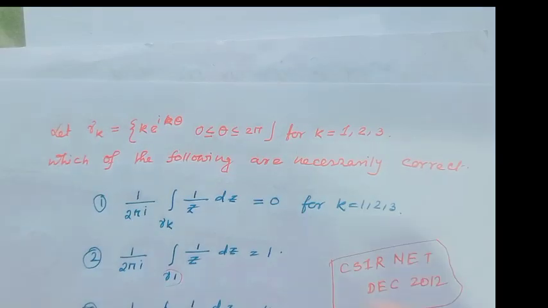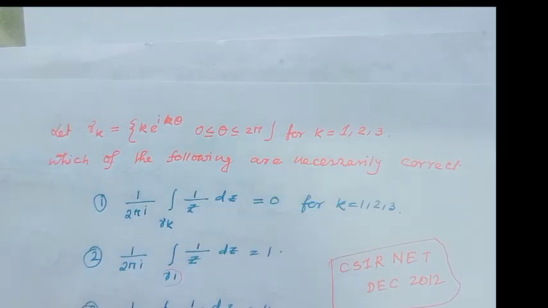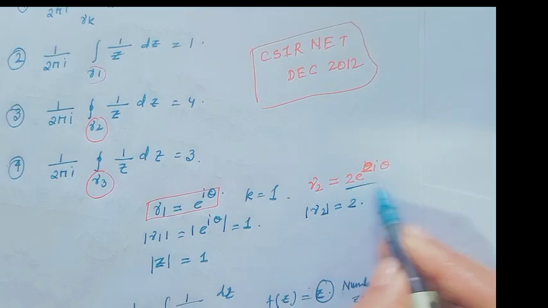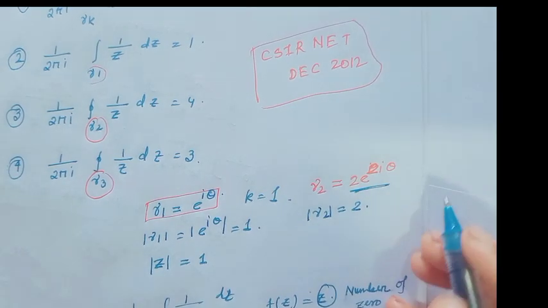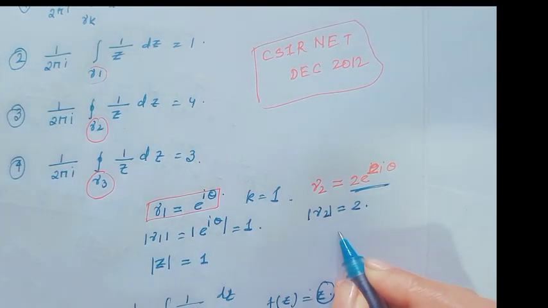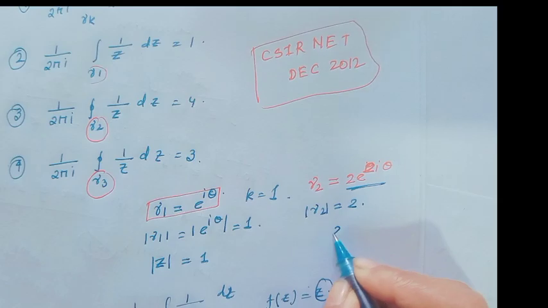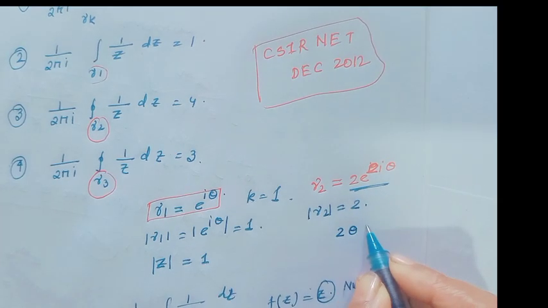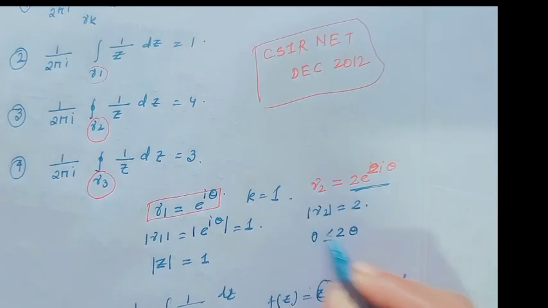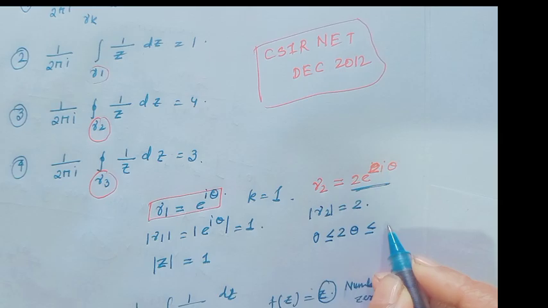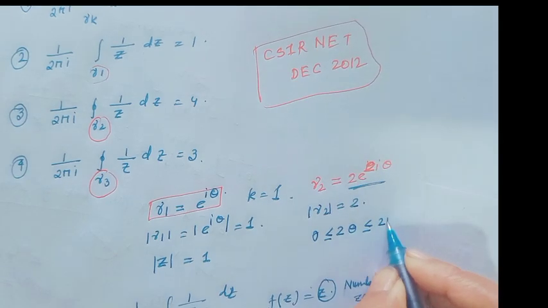And here notice theta lies between 0 to 2 pi. Since here 2 theta, 2 theta lies between 0 to 2 pi.